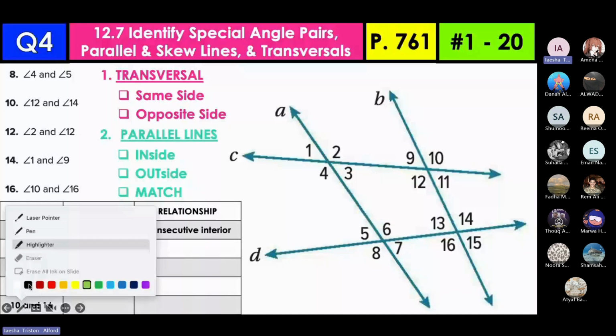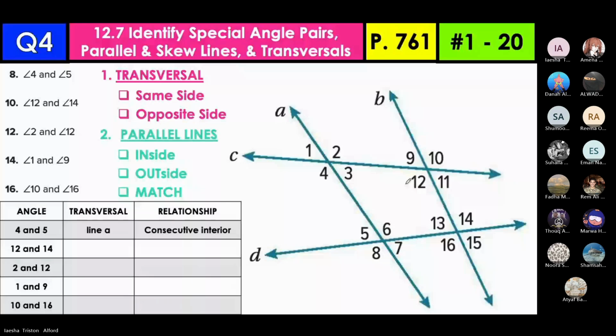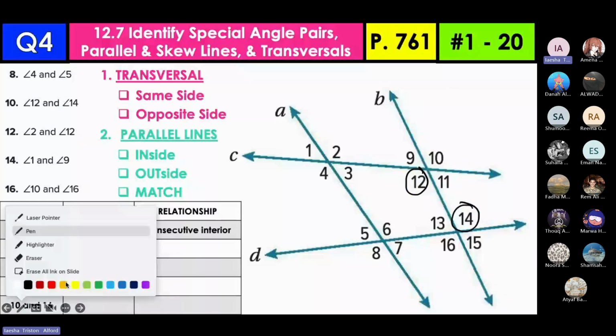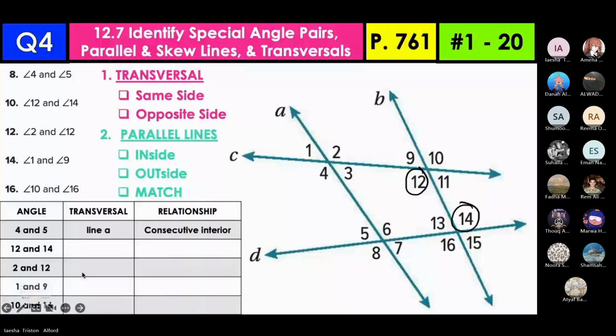Then you have 12 and 14. So this is 12, this is 14. What should be your transversal? B. Yeah, so B, it's touching both. So here is the transversal B. The 12 and 14, same side or opposite side of the line B?